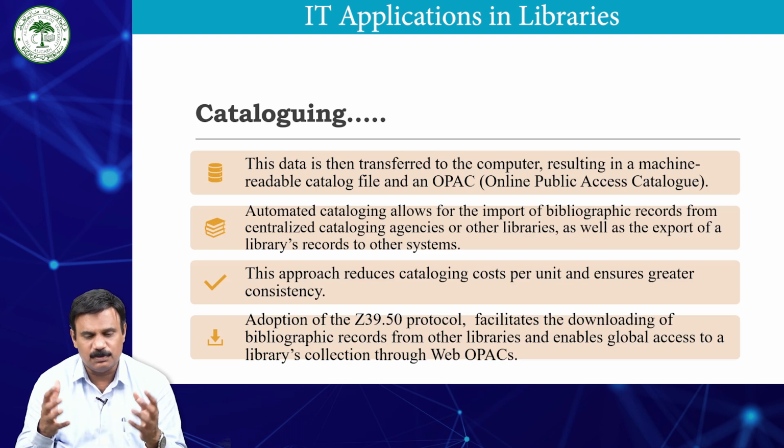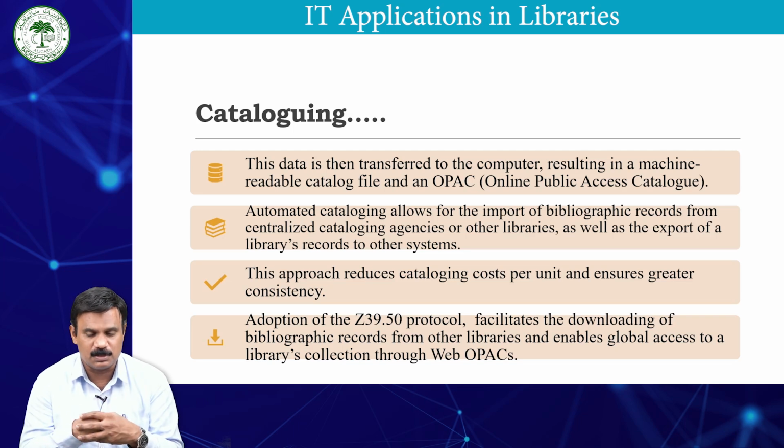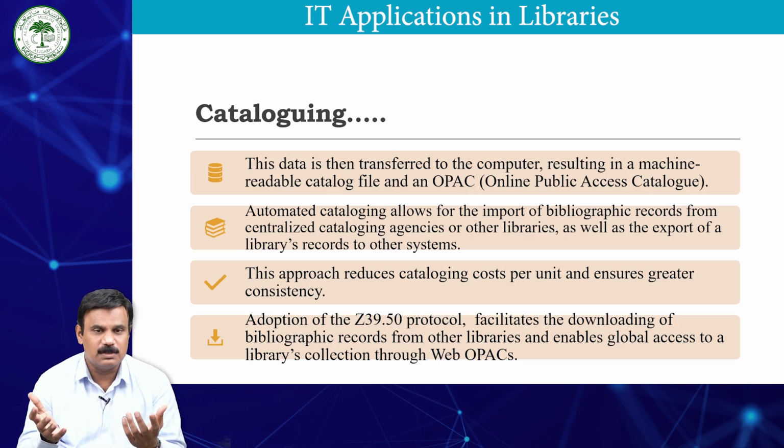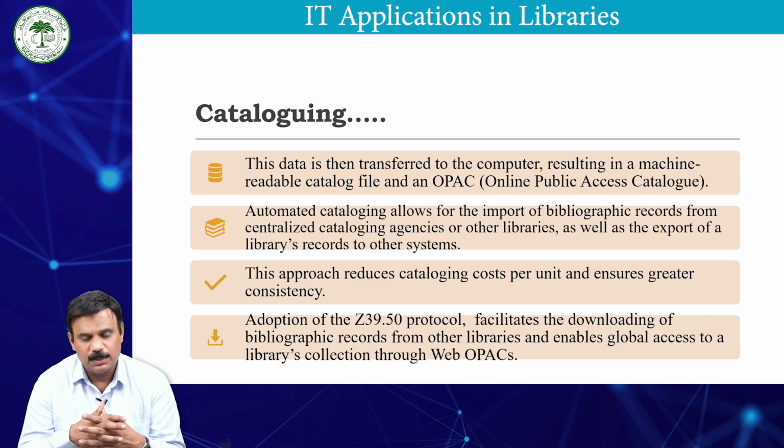So this is an advantage of cataloging. Once you are using a standardized cataloging system, we can import the bibliographic records from one centralized cataloging agency to another agency or another library. So this approach reduces cataloging cost per unit and ensures greater consistency.